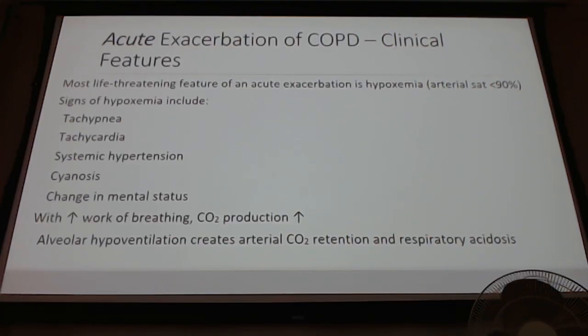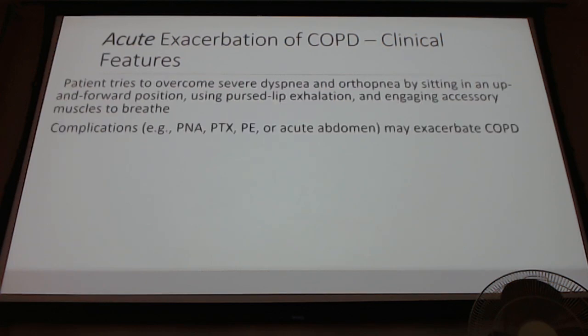So most of these patients, we're going to get that blood gas. On exam, we might see tachypnea, tachycardia. They might have hypertension. Sometimes you'll see cyanosis. Change in mental status is usually not a good sign. But everything in the end stage, because of that alveolar hypoventilation, it causes that increased CO2 retention, and it can lead to respiratory acidosis.